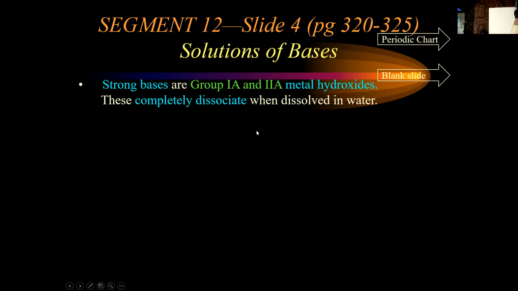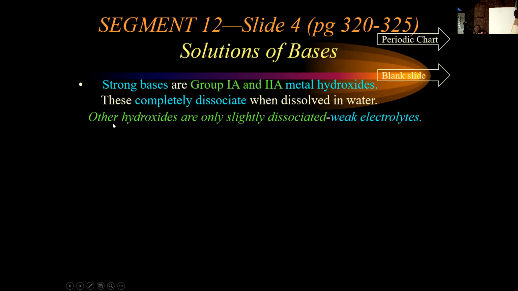Now, what about bases? The group 1A and group 2A metal hydroxides are soluble. Remember solubility rules for hydroxides? All hydroxides are insoluble except group 1 and group 2. And actually some of group 2 don't dissolve very well. But these are the strong bases.